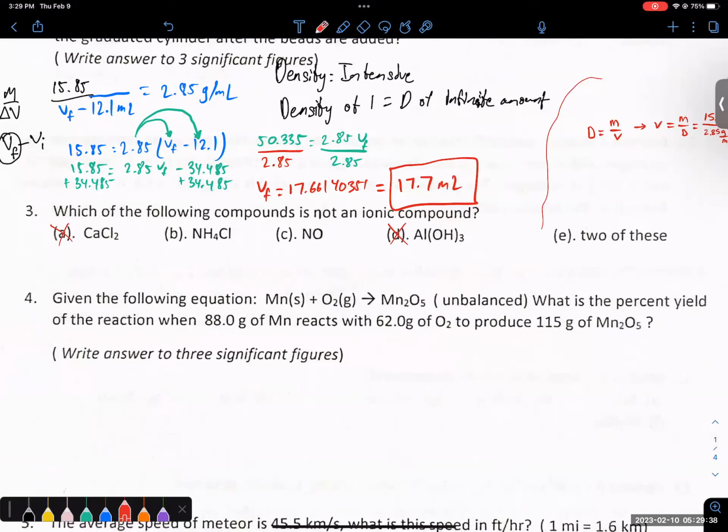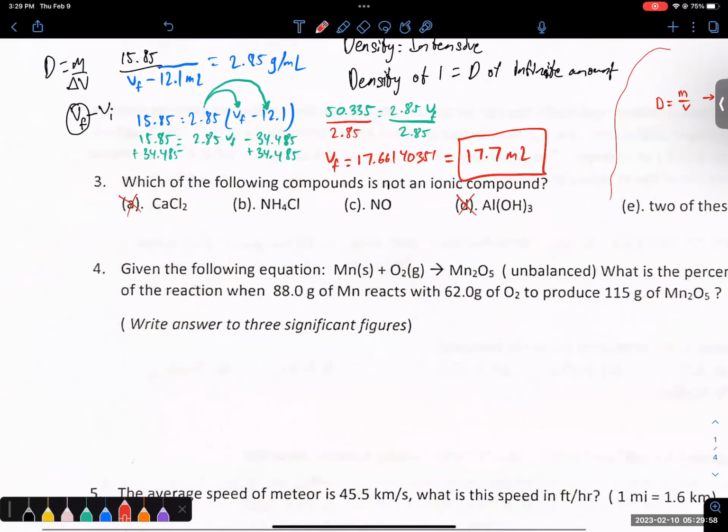Is one ionic because of opposite charges, or do we stick with metal? I see what you're saying, because one of these has all non-metal atoms, but when you break it into its pieces, this one is made of the ammonium ion, also known as the ammonium cation, which comes together with a chloride anion, making this an ionic compound.